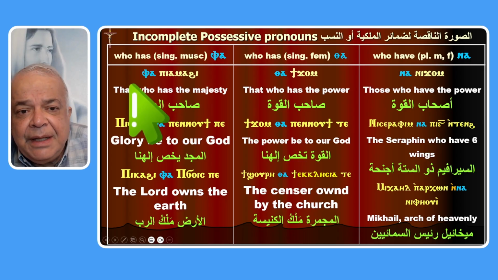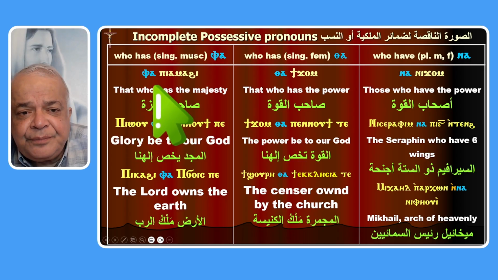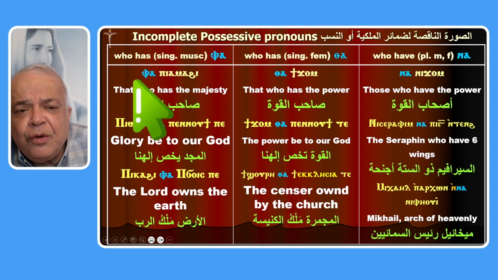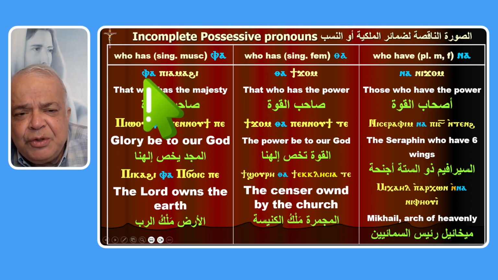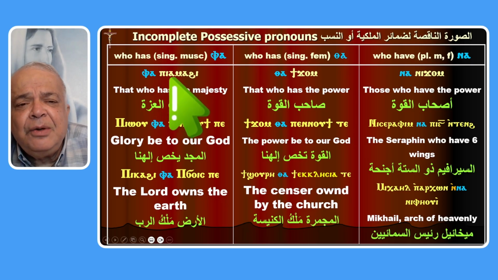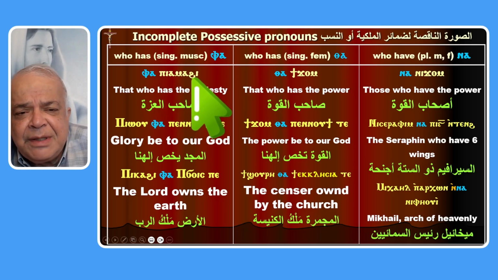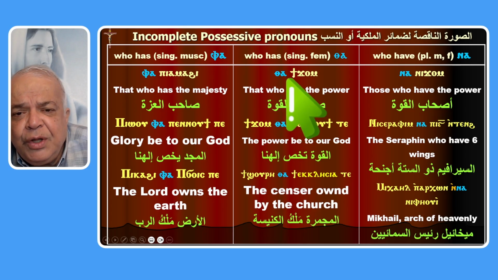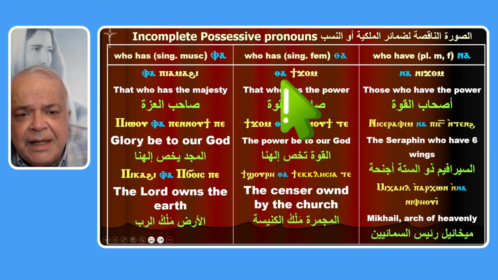For example, if I want to say a person owns a house, I would say Foy, or whatever I told you before: if it's masculine singular, then the owned material will be masculine singular. Or Soy, as I told you before in the previous discussion.